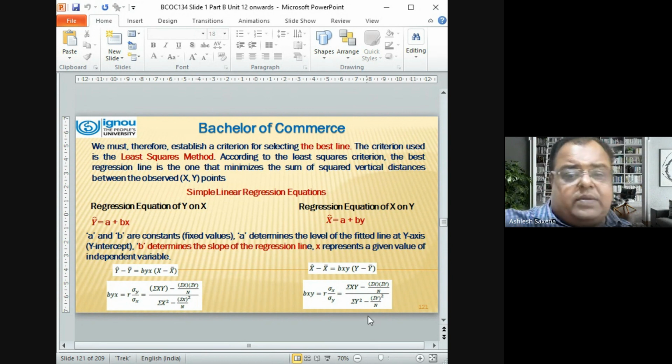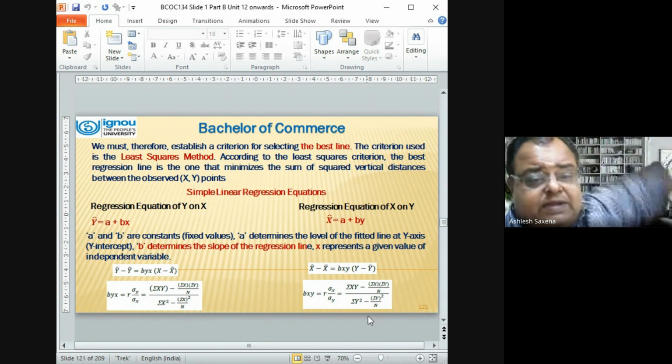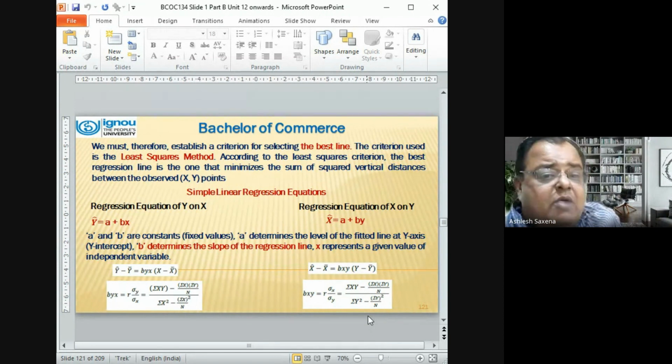Now there are different relations, and we see what the relation is between these amongst themselves. If we talk about y is equal to a plus bx, then we have to evaluate y minus y bar is equal to byx into x minus x bar. Now the question arises how to evaluate byx. byx is equal to r times sigma y upon sigma x.